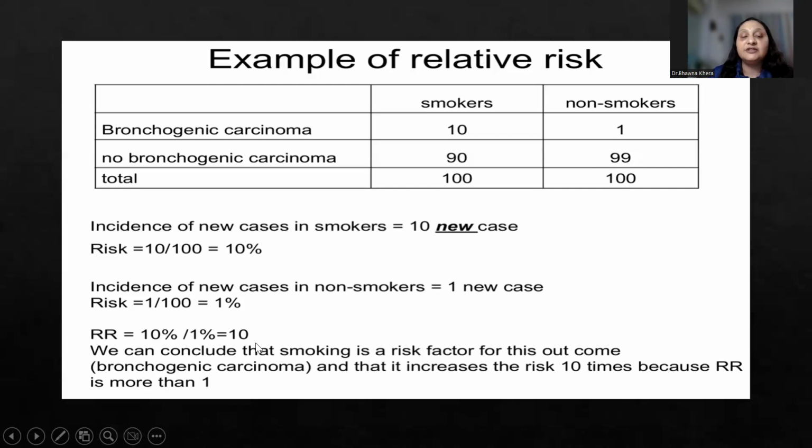So that is the relative risk. What we conclude is that smoking is a risk factor for this outcome, bronchogenic carcinoma, and it increases the risk 10 times because relative risk is more than 1. So this is a causative factor, or a factor which is increasing risk, and that too a 10 times increase.